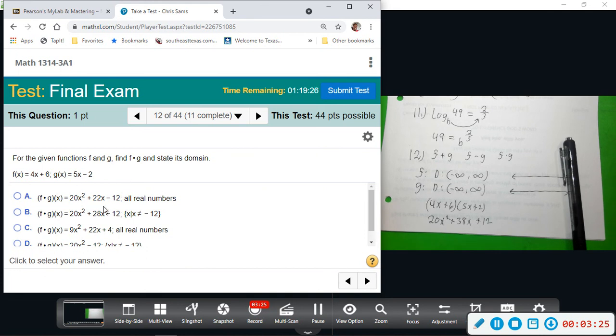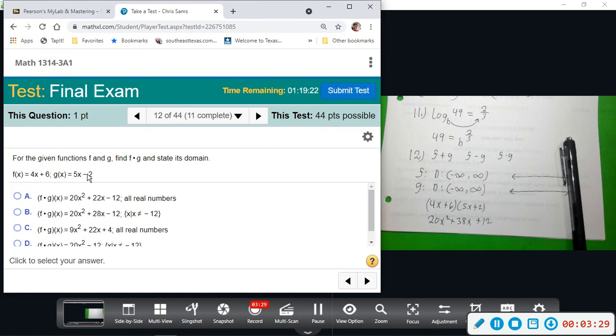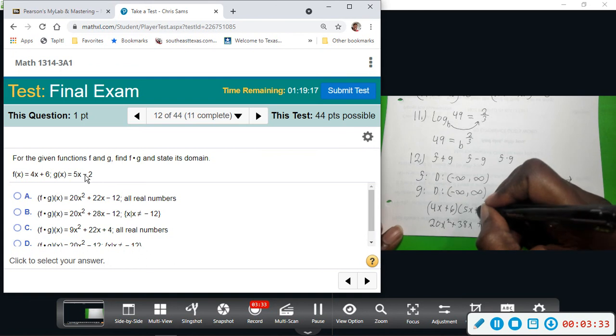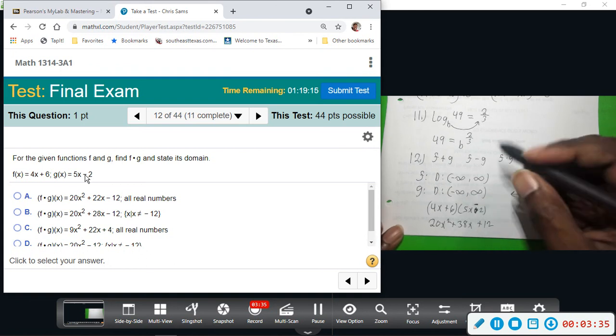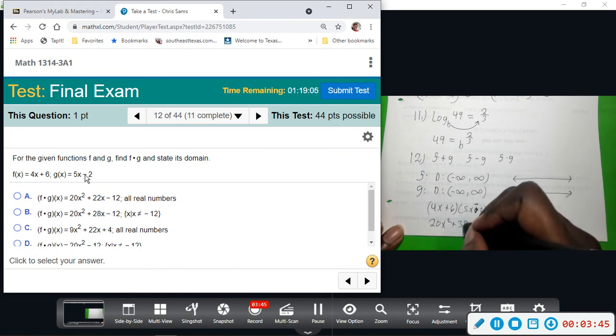20x squared plus 38x, I don't see that. Did I make a mistake here? Oh, it's a minus 2. Okay, it's a minus 2, my bad. So let's go back and do that again. That would still give us 20x squared. That would give us minus 8, positive 30. So that should give us 22x.